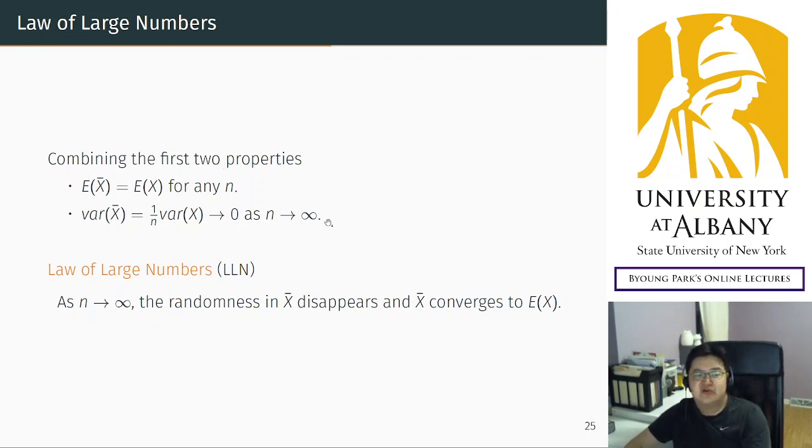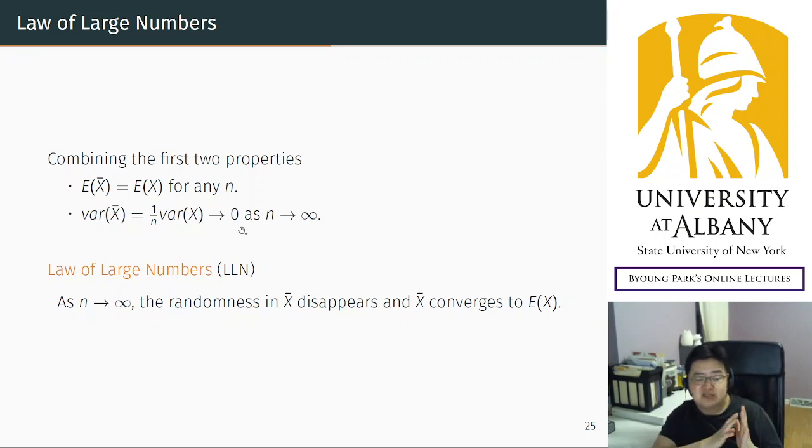Given the first 2 properties, what you can tell here is, simply, the mean does not change. The conclusion is that the mean does not change, but the variance decreases. And in the limit as n goes to infinity, the variance of the sampling distribution will converge to 0.